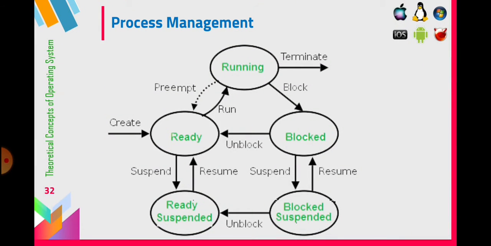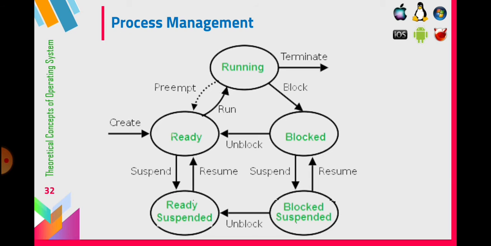Now you can see one diagram for process management. Here some process is sent to your computer and it is ready to run. The states are run, ready, blocked, suspended, and ready suspended. Once a process is created, it is sent to the ready state. The ready process is going to run with your CPU.